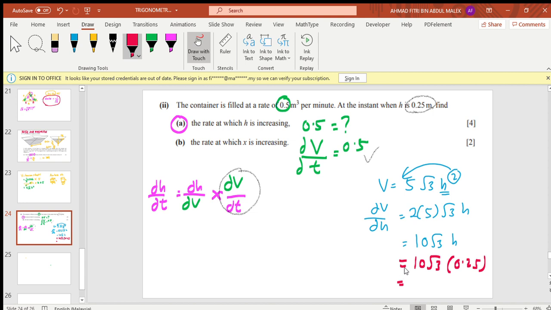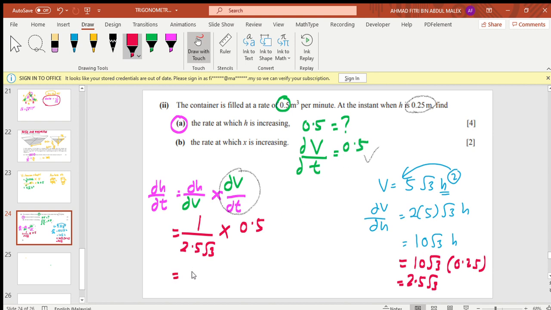Then substitute here: 10√3 times 0.25, so 2.5√3. This is dV/dh, but here we need dh/dV, so it becomes 1 over 2.5√3 times 0.5.